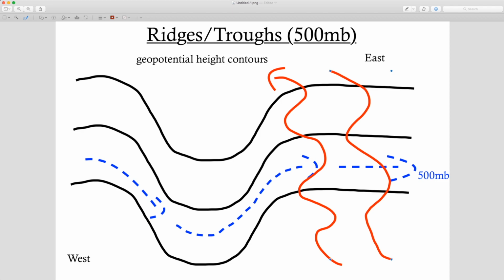And when I say southerly winds, it means coming from the south. I'm going to write it down. It's going to be in red. And that's going to be at the surface.